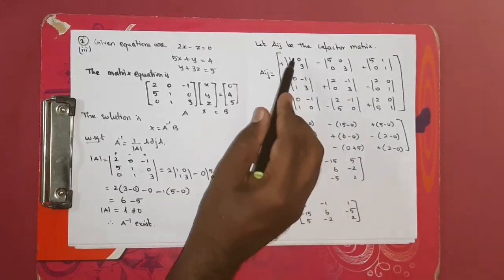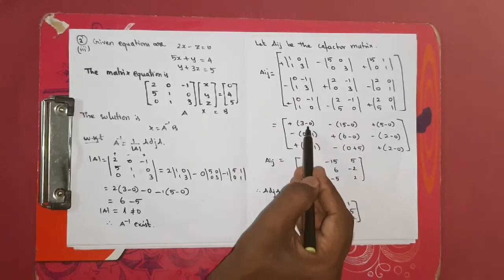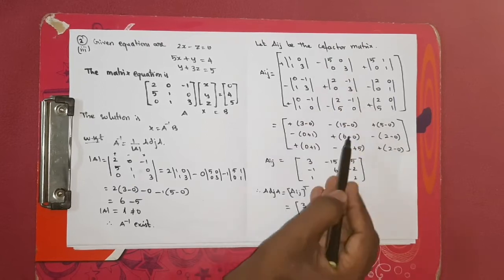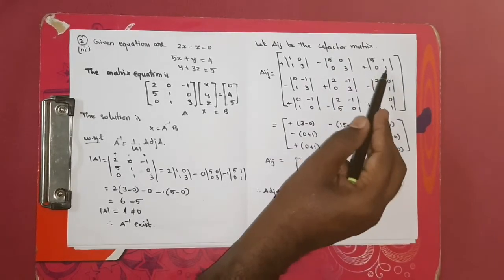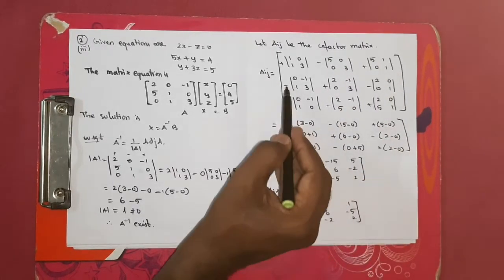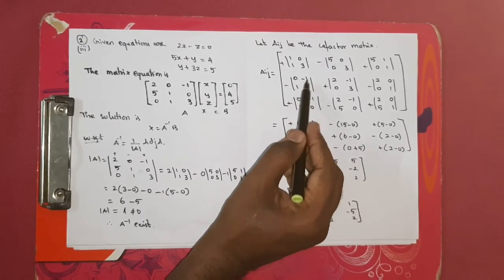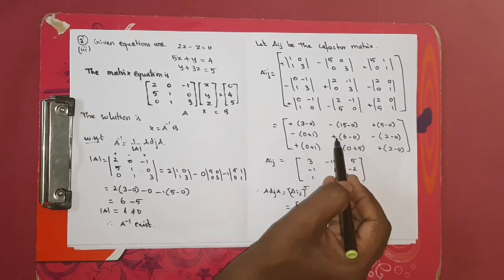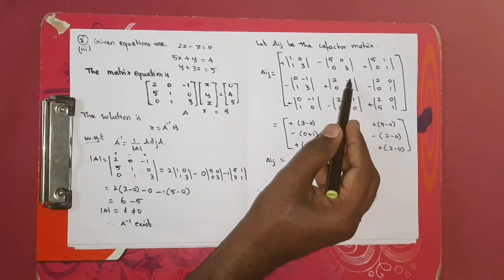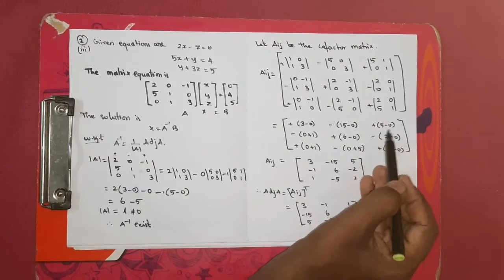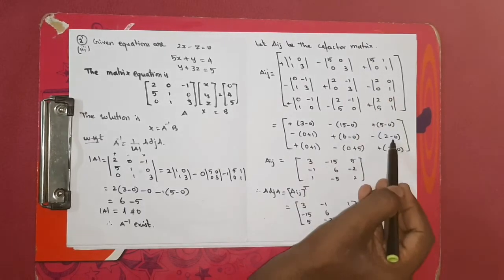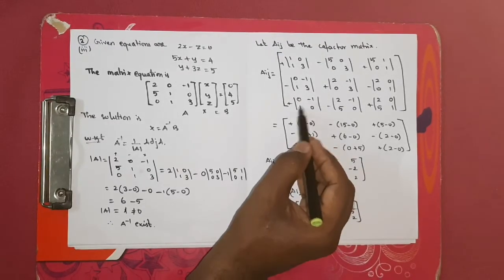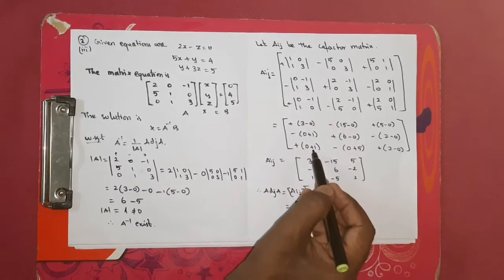So this plus is here, so 3 minus 0, then minus of 15 minus 0, then plus of 5 minus 0, next minus of 0, actually here minus 1, already there is a minus above, so plus 1, next plus of 6 minus 0, minus of 2 minus 0, next plus of 0 into 0 is 0, here minus 1, but there is a minus already, so plus 1.